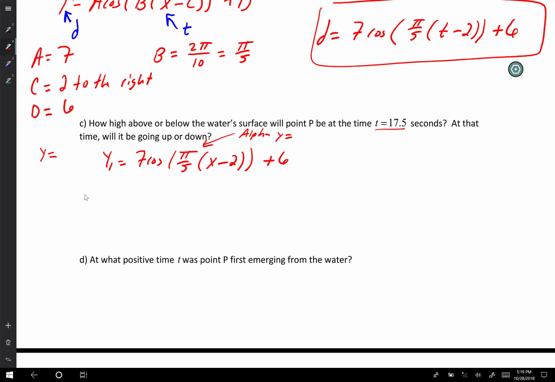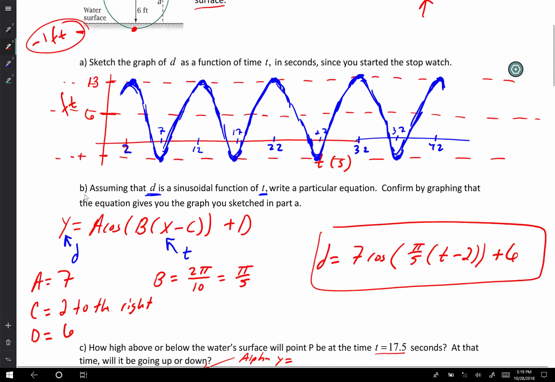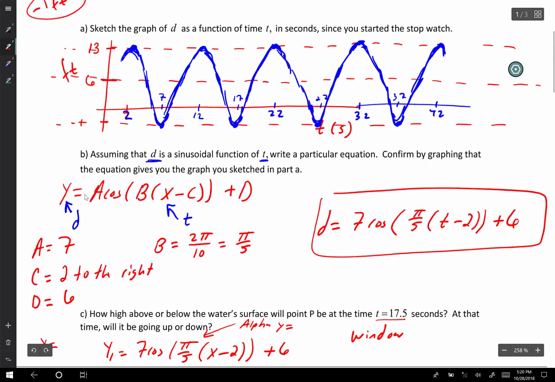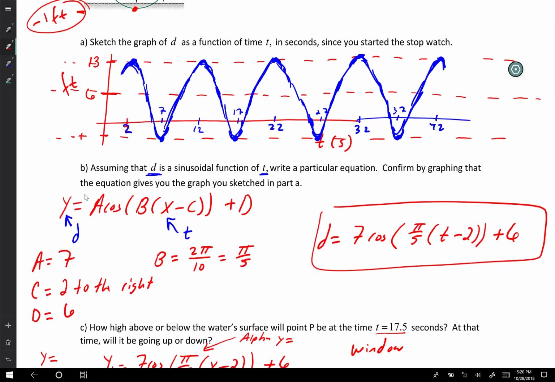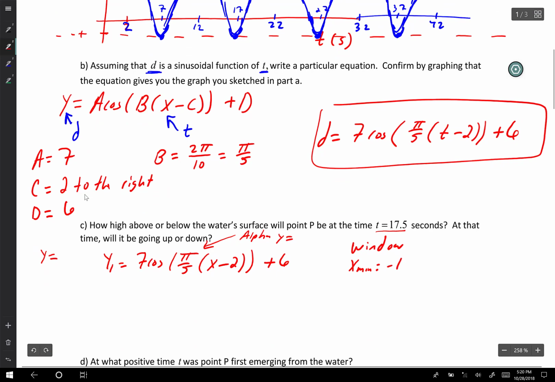All right, before you push graph, you want to be able to look at the graph, guys. So here's my window. Click on the button called window. Make your x min like -1.